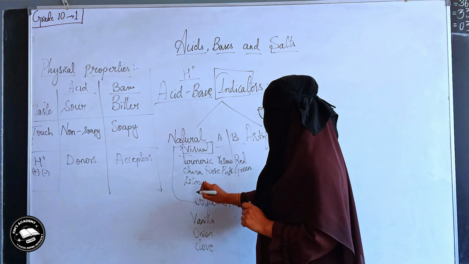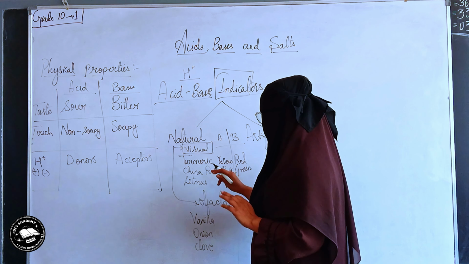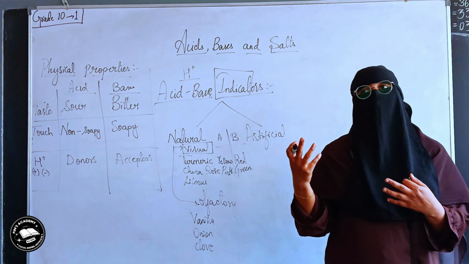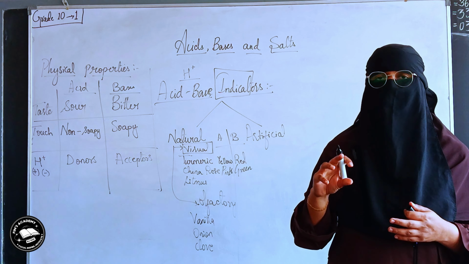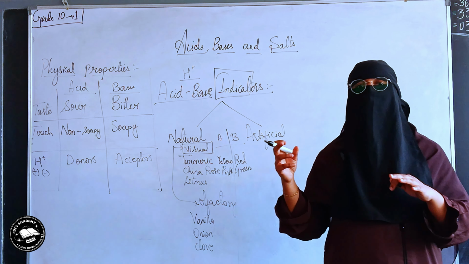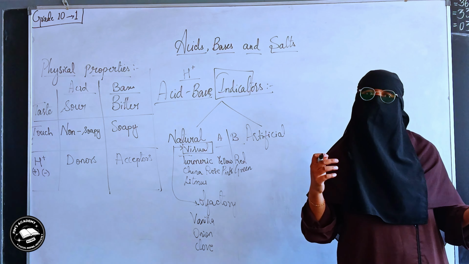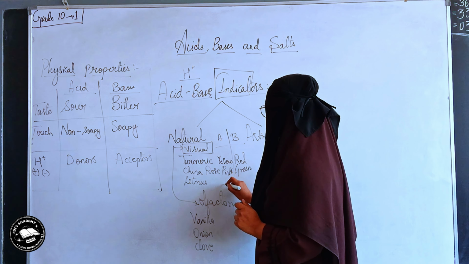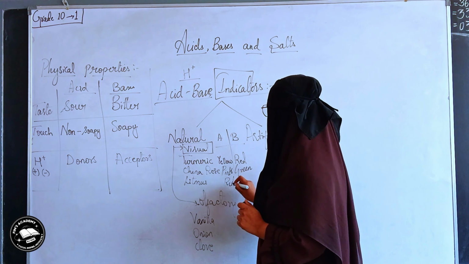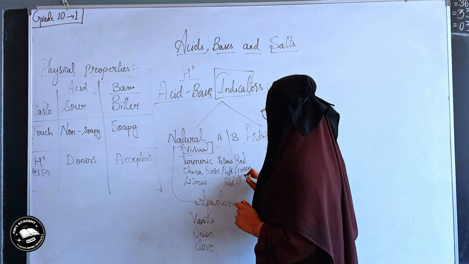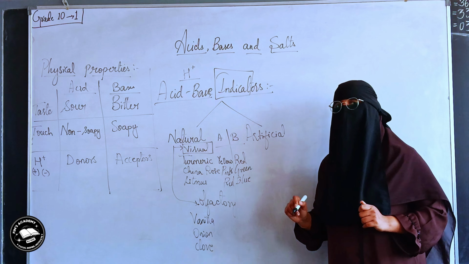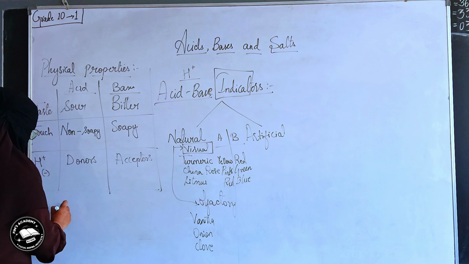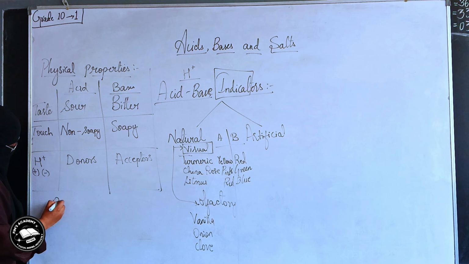Coming to litmus, we can actually have two uses of litmus. One is using it in the form of a solution, another is using it in the form of litmus paper. If you talk about a solution, the litmus solution changes to red in acid and blue in base. Litmus paper is basically of two types.